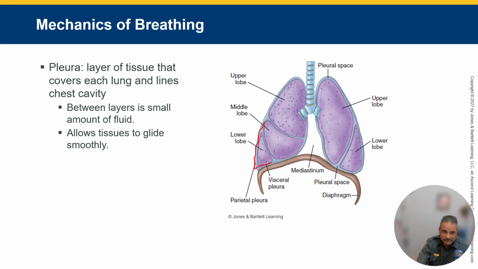The parietal pleura lines the inside of the chest, so the parietal pleura is on the outside of the visceral. It lines the chest wall. There's a thin layer of fluid between them that allows us to breathe. It lubricates those lungs as they slide up and down inside of the chest wall.